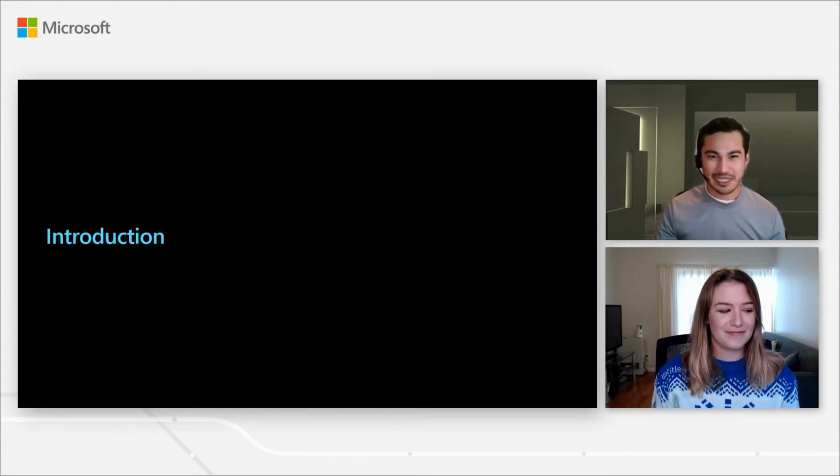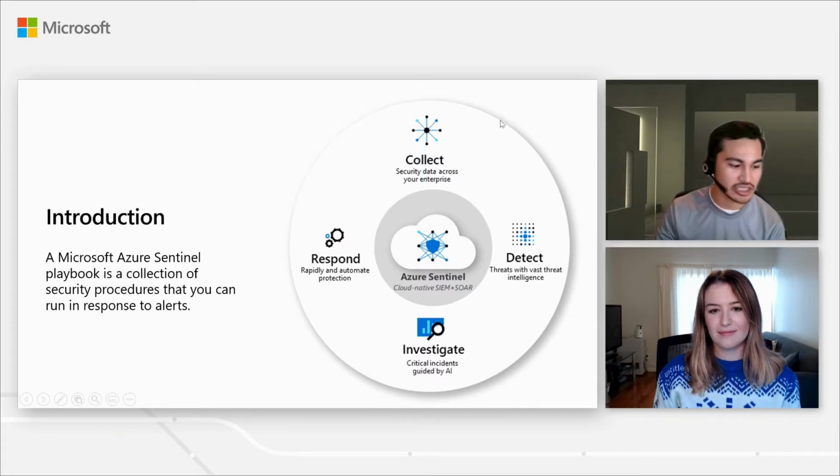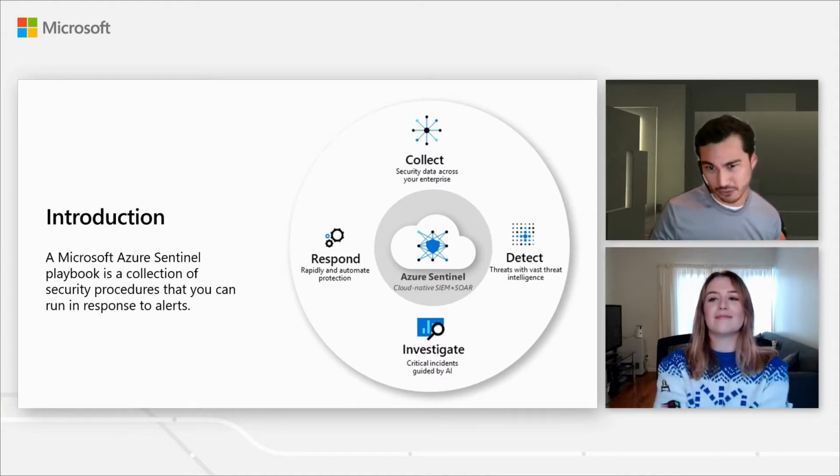So to get started, for those of y'all that may be surprised by this, we are going to be talking about Azure Sentinel. So Sentinel is Microsoft's cloud-based SIEM, and we aren't going to address collection, detection, investigation. So if you're new to Sentinel, I recommend ramping up on the topic first and coming back and viewing this recording.